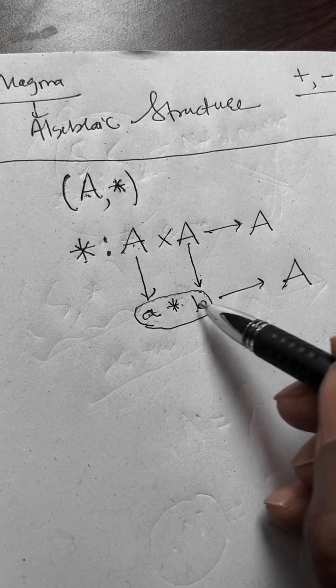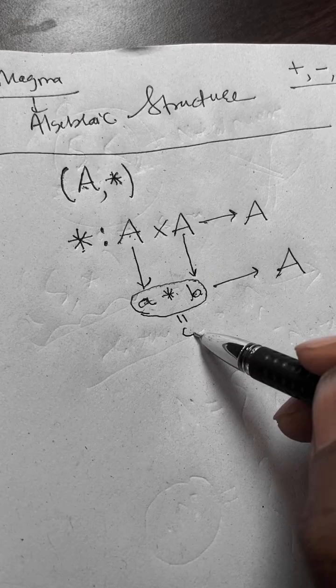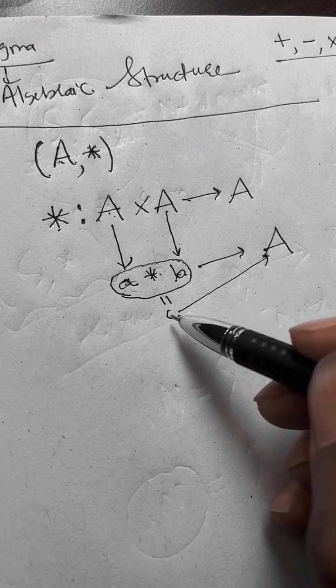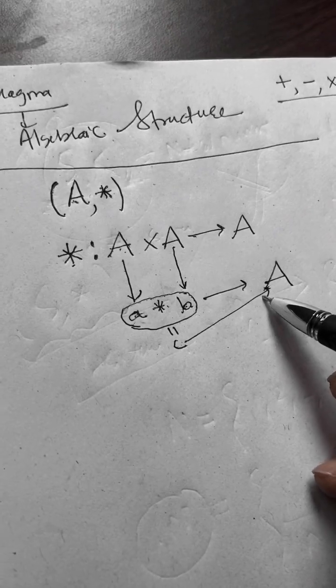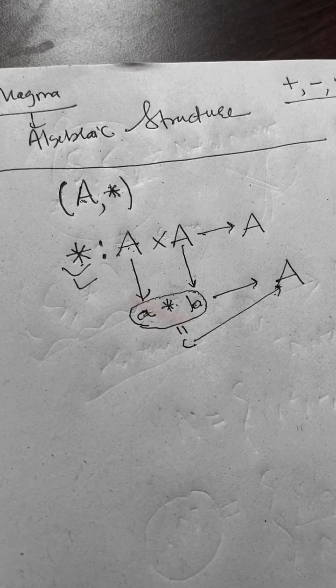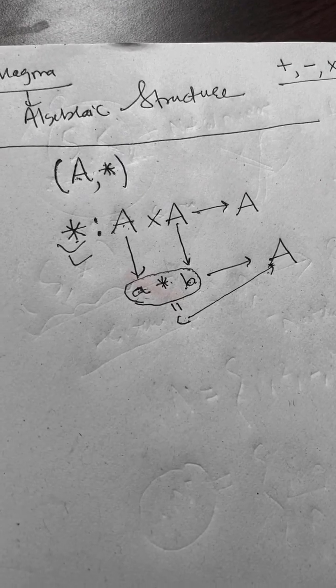Let's say it is c. So now we ask, is c inside A? If yes, then this binary operation satisfies the property called closure.